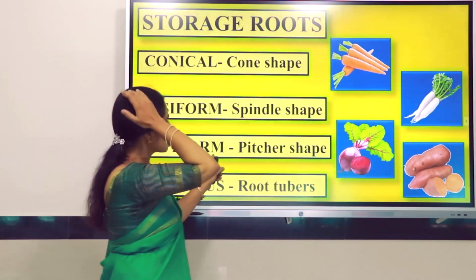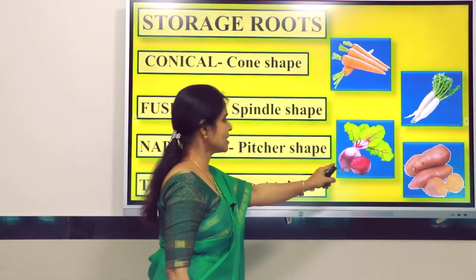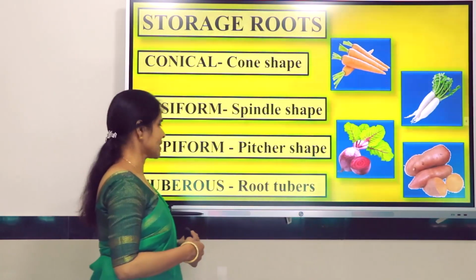So, napiform root modification is generally seen in beetroot, turnip, etc.